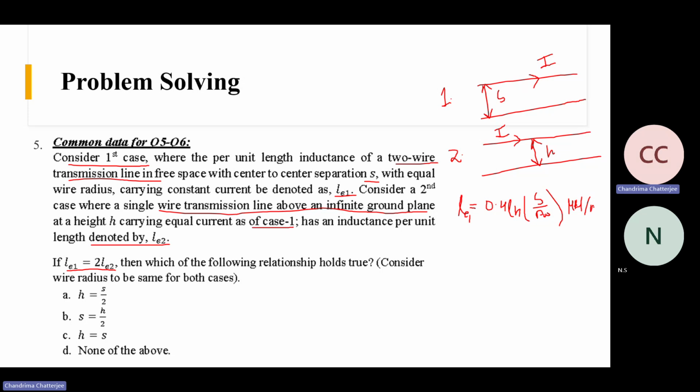And for an isolated conductor at a height of h, the per unit inductance is equal to 0.2 ln 2h upon Rw.